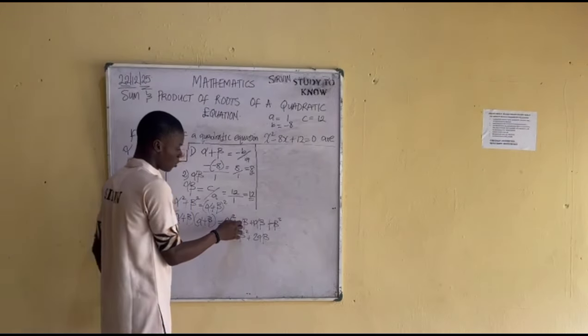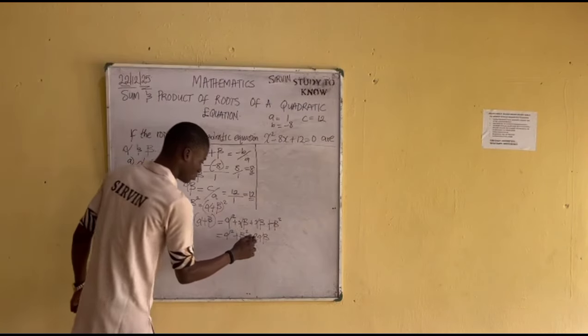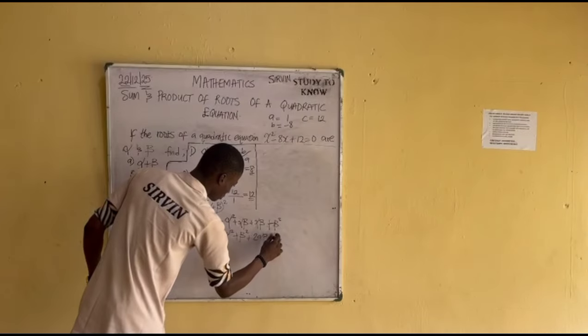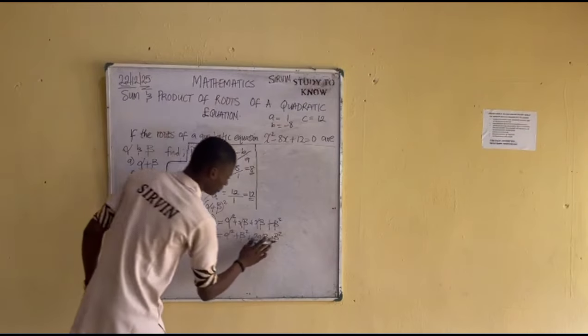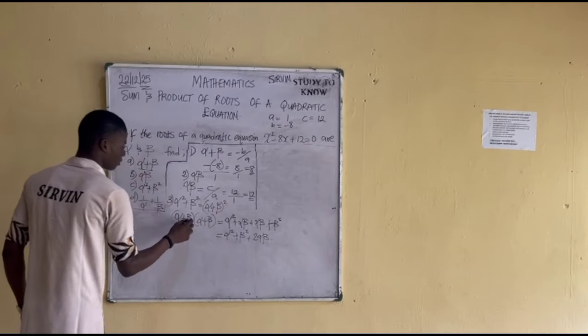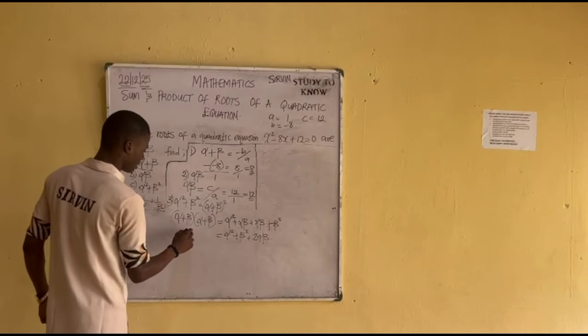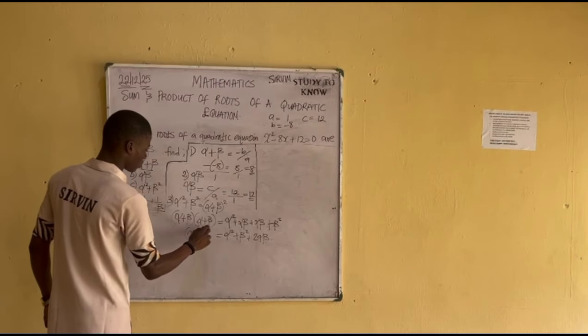Just by saying 1 alpha beta plus 1 alpha beta, it's now 2 alpha beta. This is alpha squared plus beta squared. So equal to alpha plus beta, alpha plus beta, which is different from saying alpha plus beta all squared.